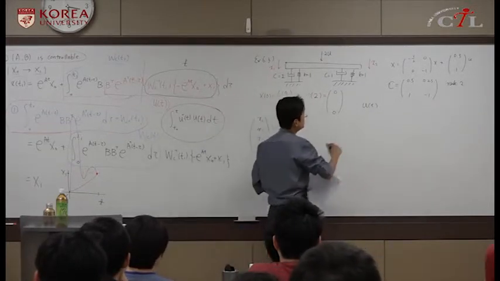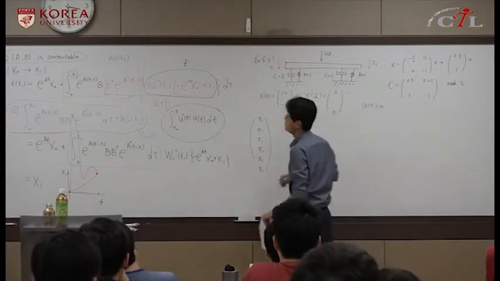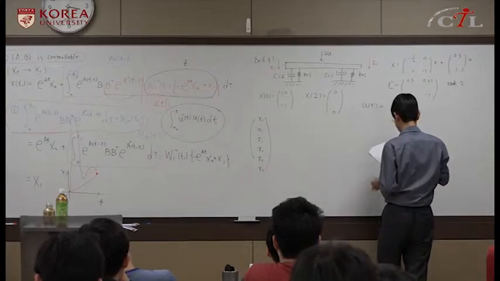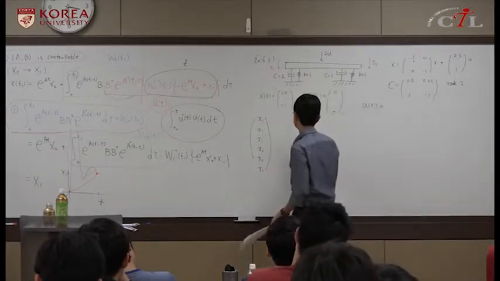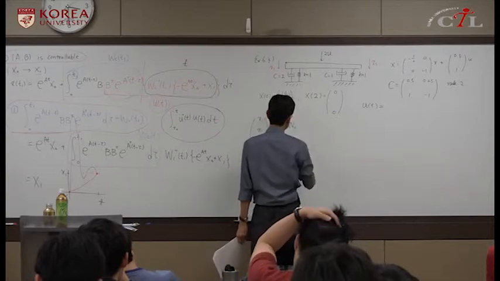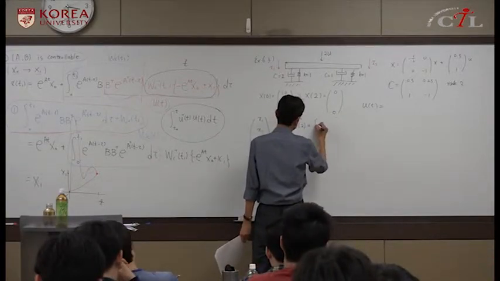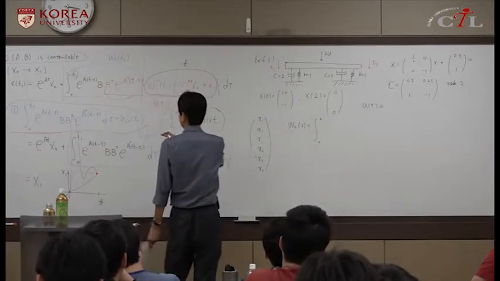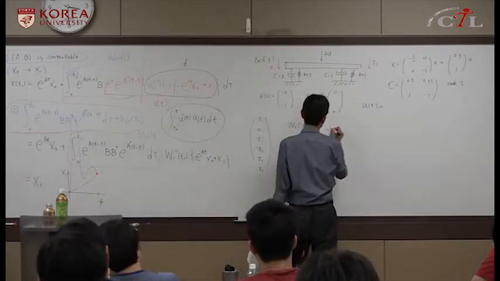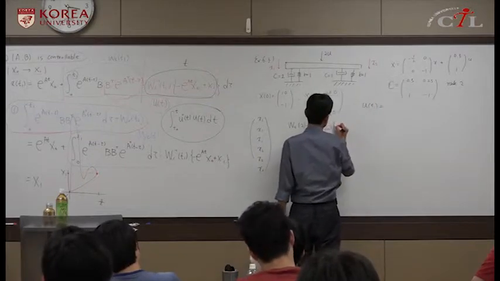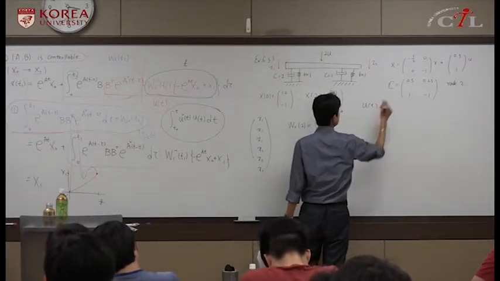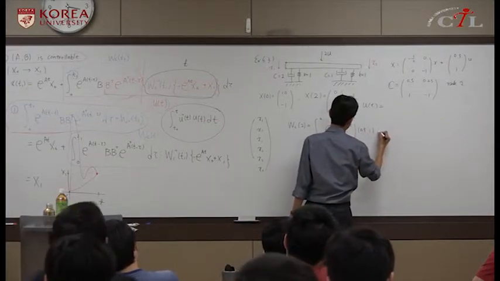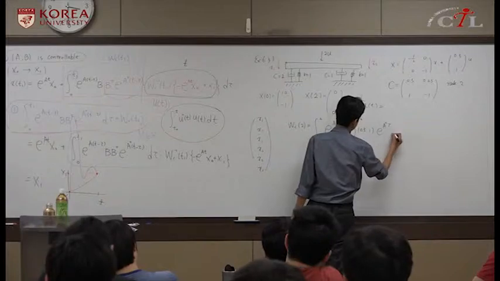Okay. Anyway, UT is given to be like this: B transpose. First, let's calculate WC, the controllability Gramian within 2 seconds. So integration 0 to 2 seconds. Within 2 seconds, we want to do something. Exponential A tau, A is from the system matrix, tau, B, B transpose, exponential A transpose tau.